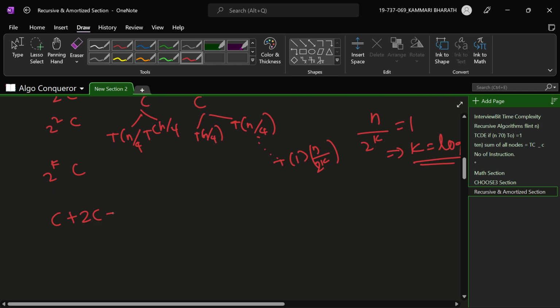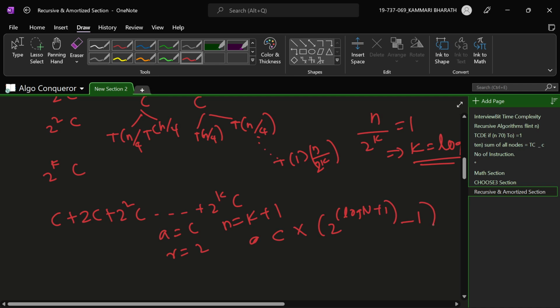C plus 2C plus 2 square C and so on, plus 2 power k C, where a is C, r is 2, and the number of terms is k plus 1. And the sum is C into r power n minus 1 by r minus 1, that is 2 power k plus 1, where k is log n, minus 1, by 2 minus 1.